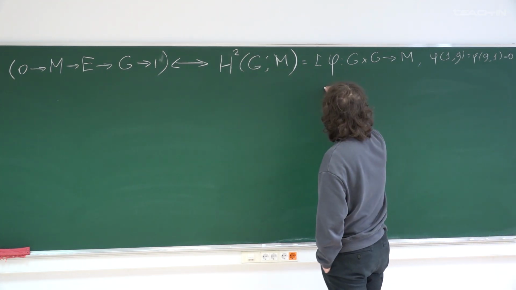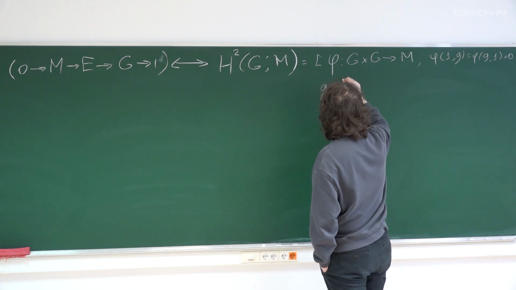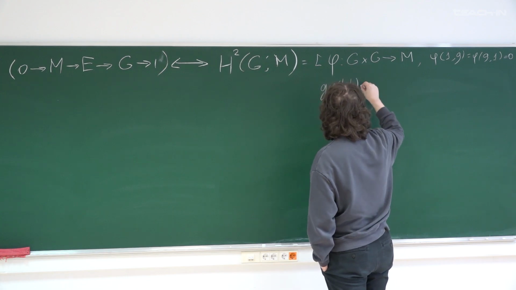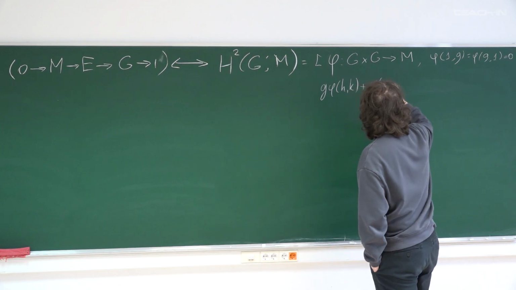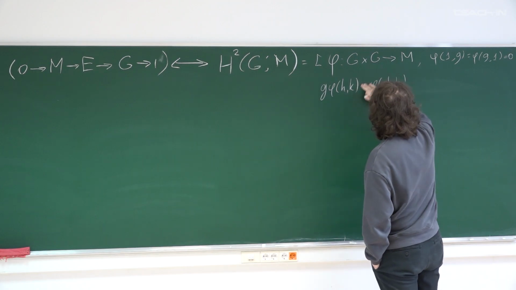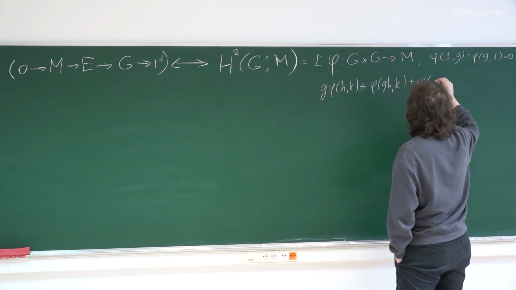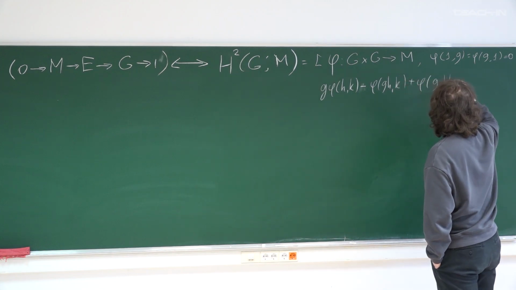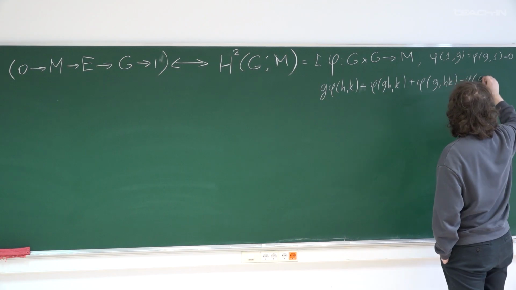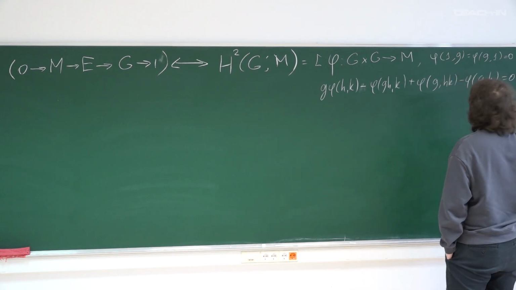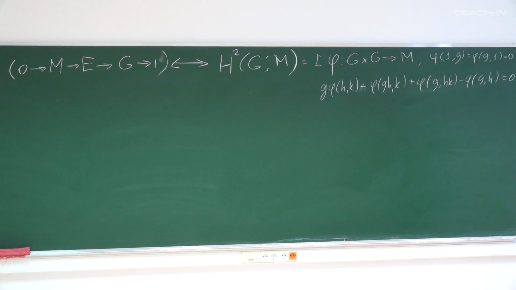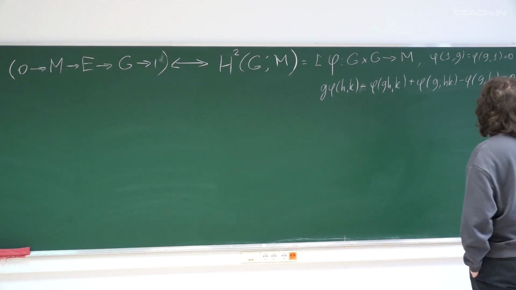Cocycle means that we have something like this for any triple of elements g, h, k.